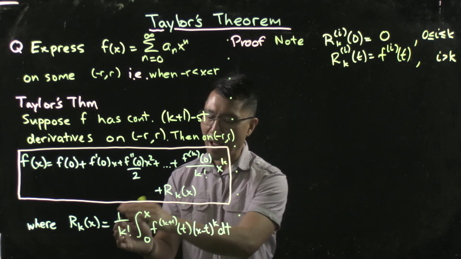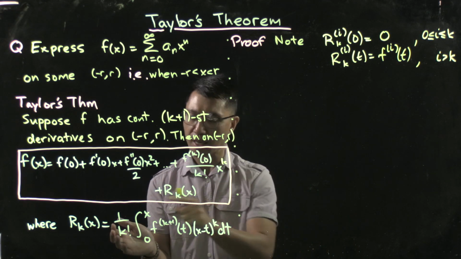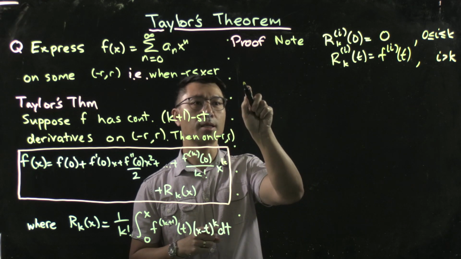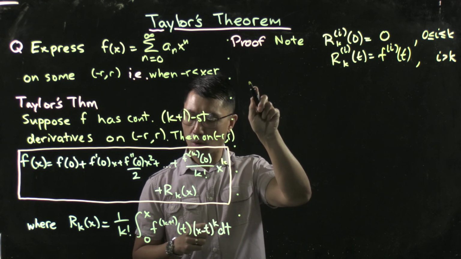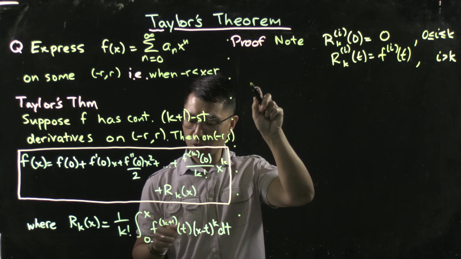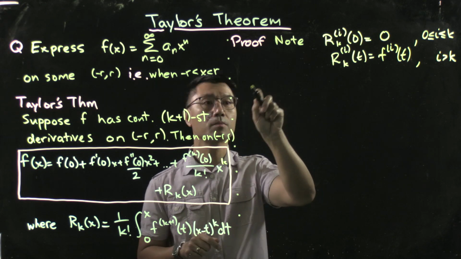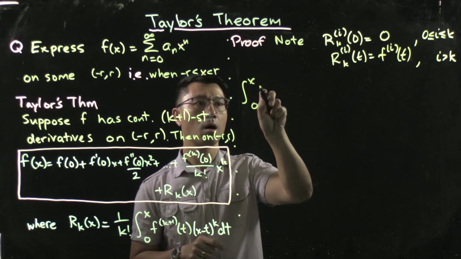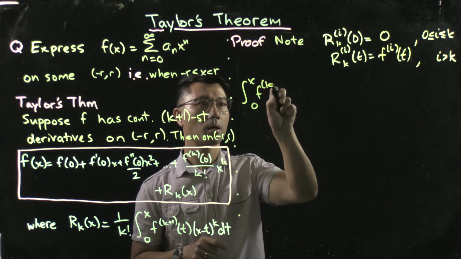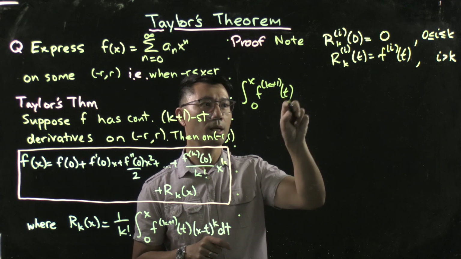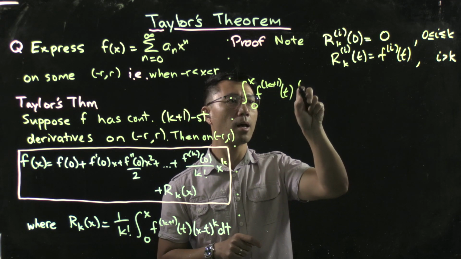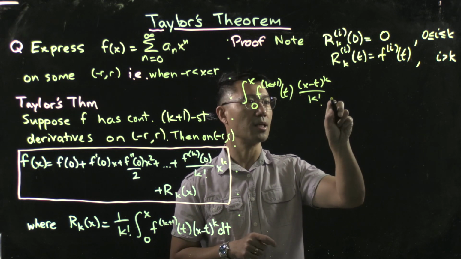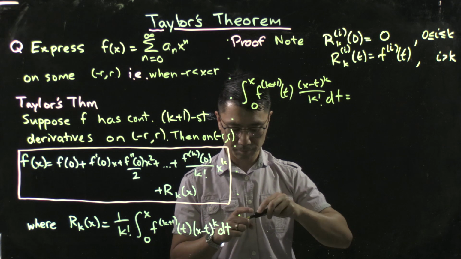So what we'll do is look at this integral expression for the remainder term and analyze it a little bit more. I shall put the k factorial inside here. So we have the integral from 0 up to x of f^(k+1)(t) times (x minus t)^k over k factorial, dt.